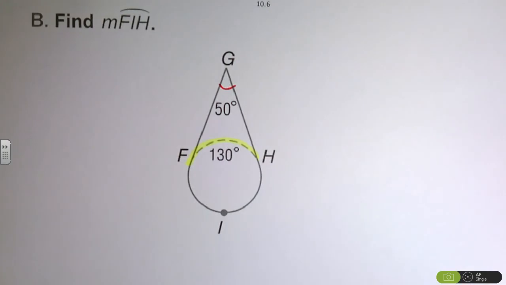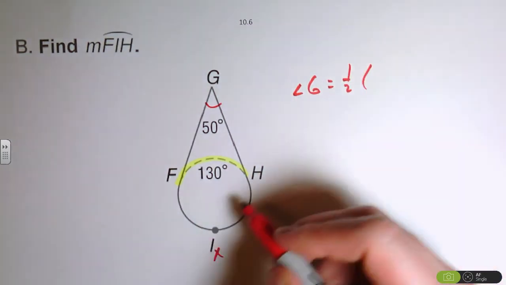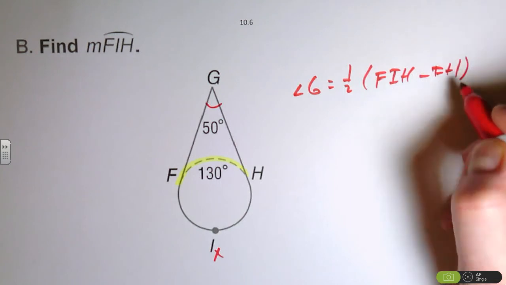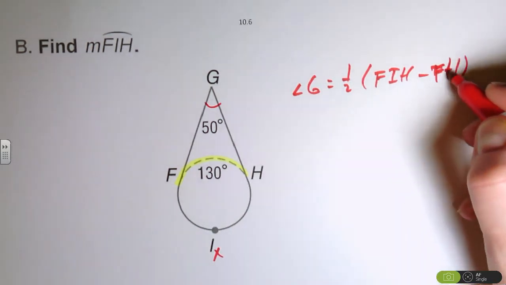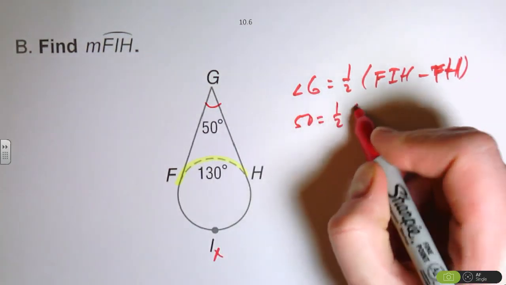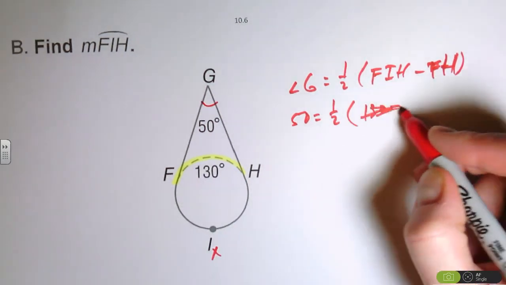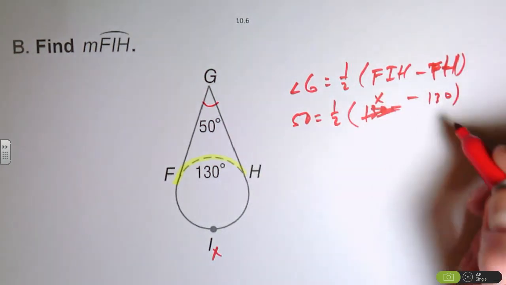I'm supposed to find the other arc. Well, again, if it's outside, angle G is 1/2 of the difference of FIH and FH. So G is 50 degrees. FIH I don't know, and FH is 130.